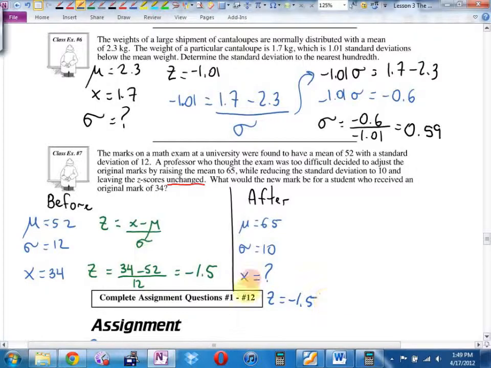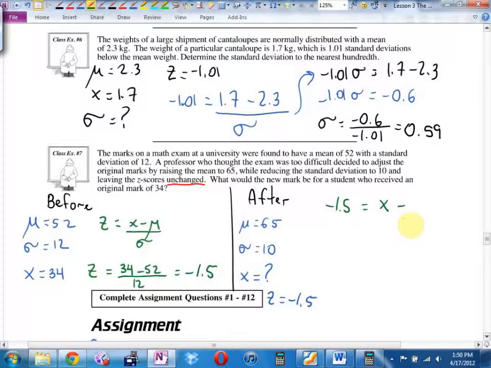Now how many pieces of information do I have here, Joe? 3. And I can find the fourth. Ready? Same equation here. Let's plug in the numbers. The new z-score is negative 1.5. We want to find the new x value, his new actual score on his report card.